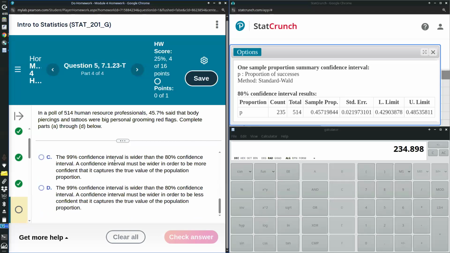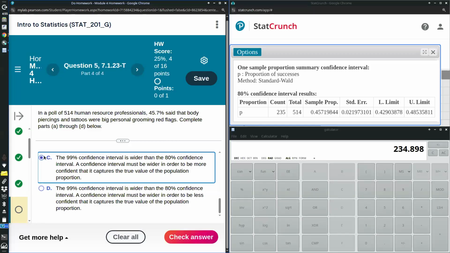So the 99% confidence interval is wider. Okay, so it's either C or D. A confidence interval must be wider to be more confident, right? To have more confidence that you're going to lie between some values, you want it to be wider. So that's going to be C.